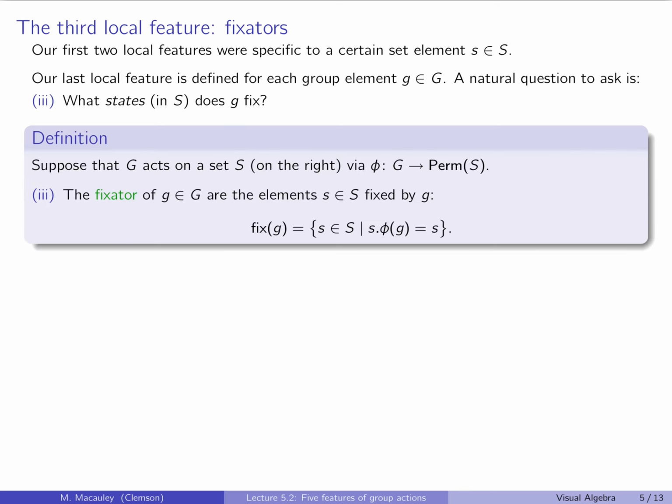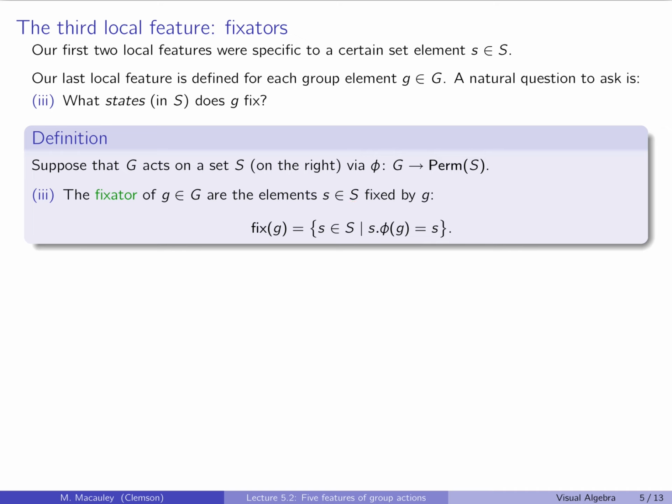Here's a formal definition. Suppose that a group acts on a set, also say it's the right action, via a homomorphism phi from the group to the group of permutations of the set. The fixator of an element g are the elements in the set that are fixed by it.